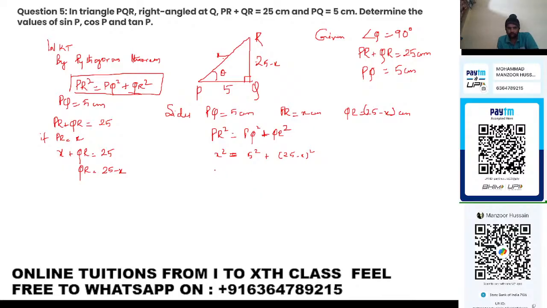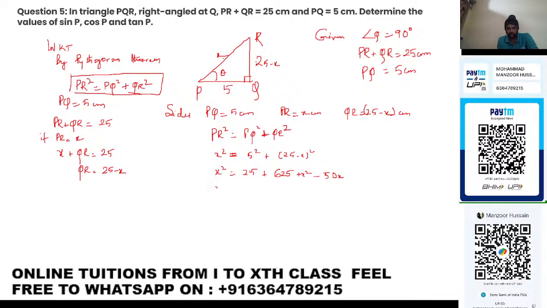Now 25 square gives a value of 625, so it's going to be 625 plus X square minus 50X.